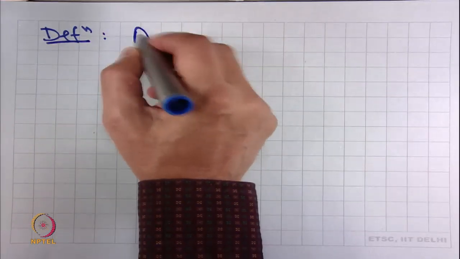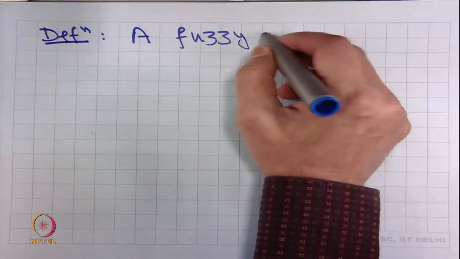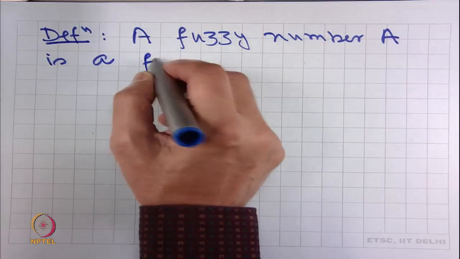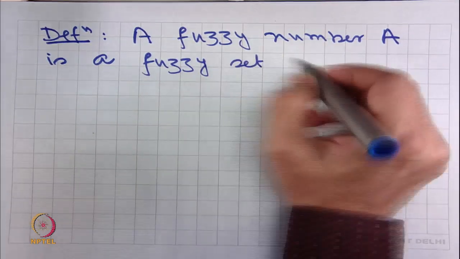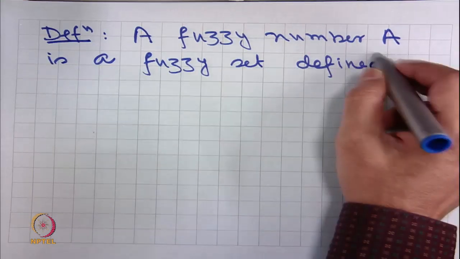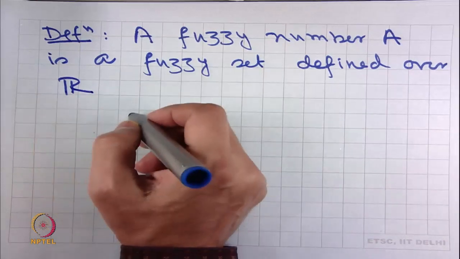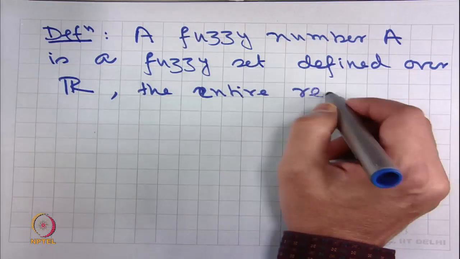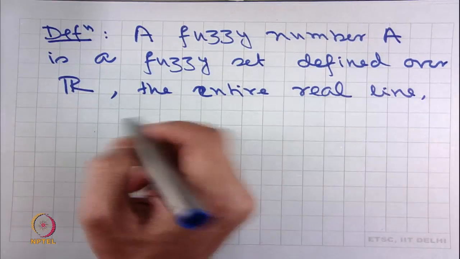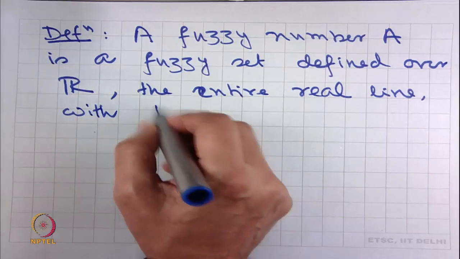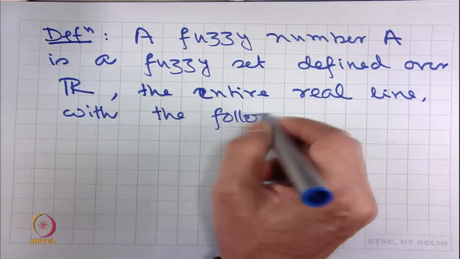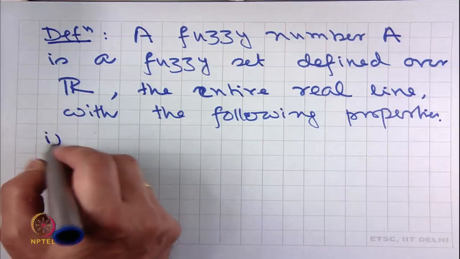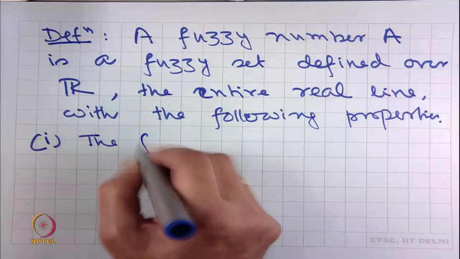Definition: a fuzzy number A is a fuzzy set defined over R, that is the entire real line, with the following properties. One, the fuzzy set is normal.